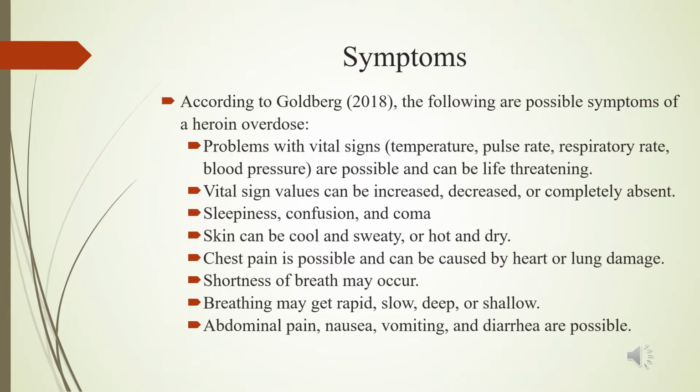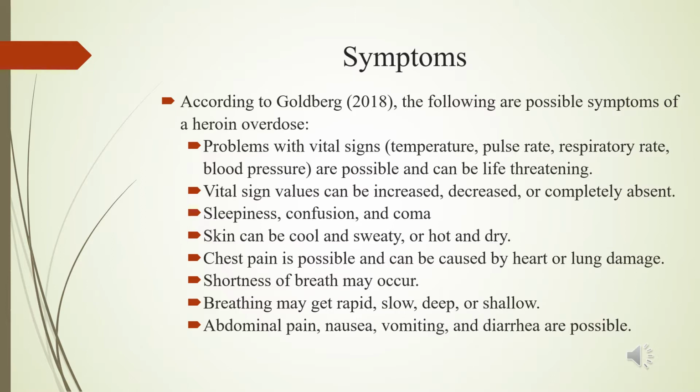According to Goldberg, the following are possible symptoms of an opioid or heroin overdose. There could be problems with vital signs, temperature, pulse rate, respiratory rate, and blood pressure, all possible and can be life-threatening. Vital sign values can be increased, decreased, or completely absent.